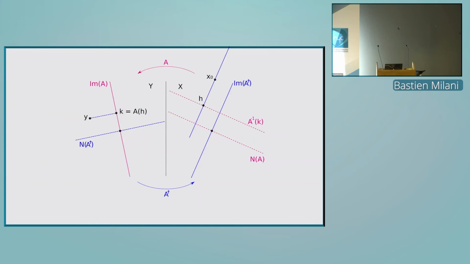A is linear, so A of (H plus n), but n is in the null space, so we still get A of H, which is equal to K. Okay. So you can travel in that subspace here. You will still land on K.